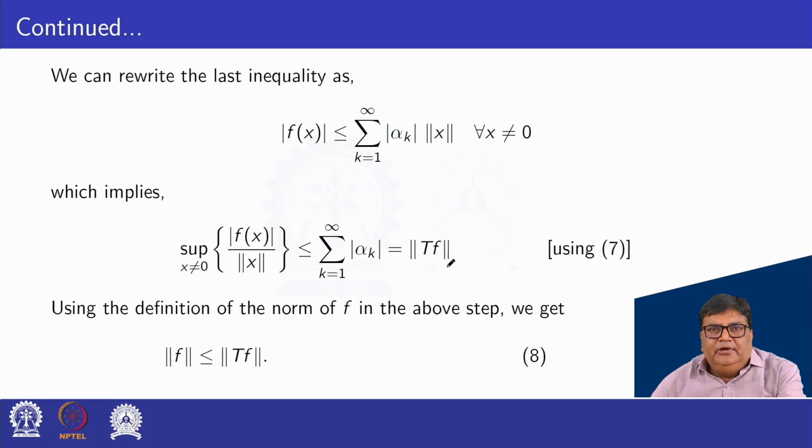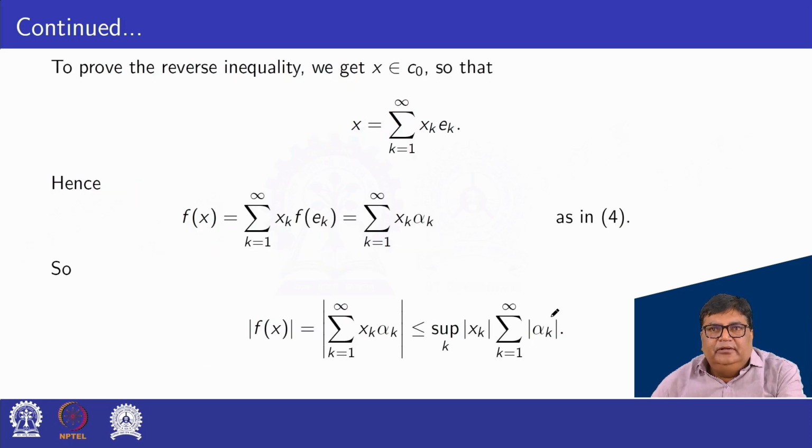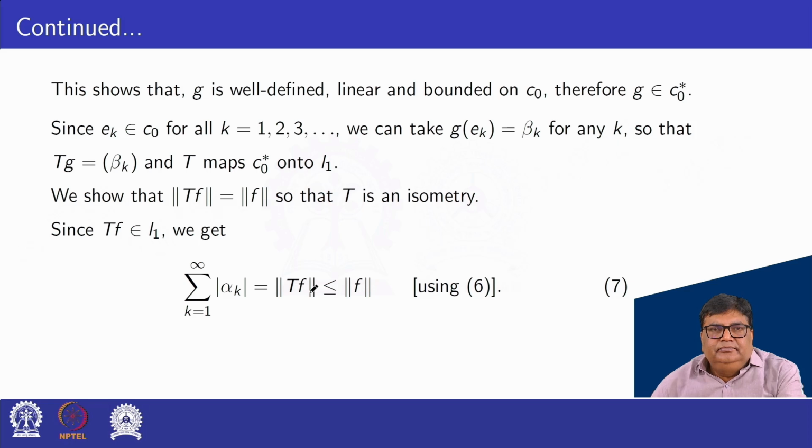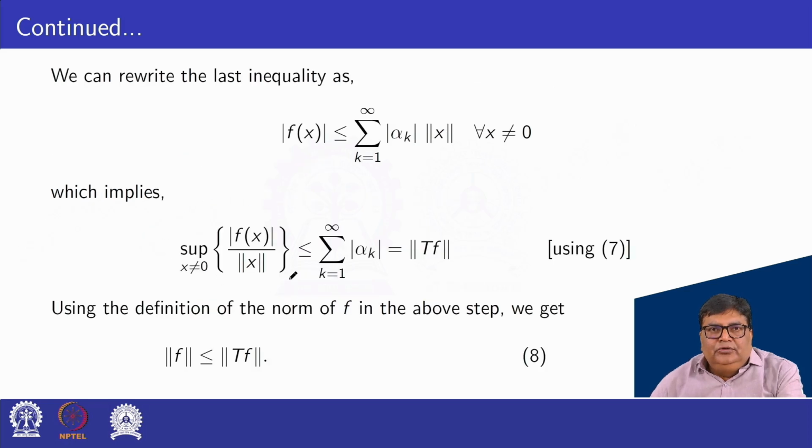And this summation is the norm of Tf using equation 7. So the supremum of mod f x upon norm x, that is the norm of f by the definition of the norm of f, is less or equal to the norm of Tf. Equation 8.